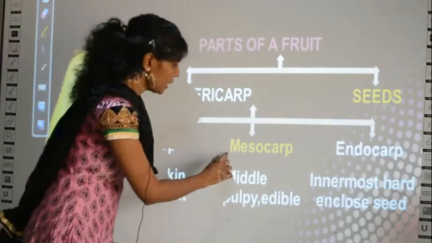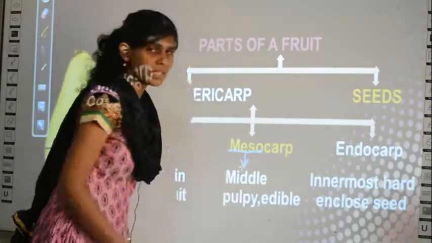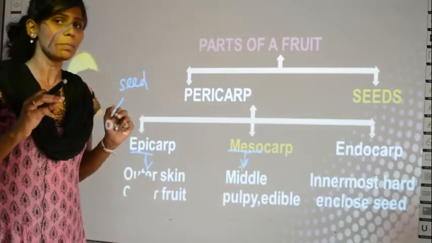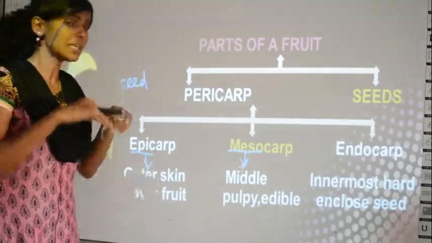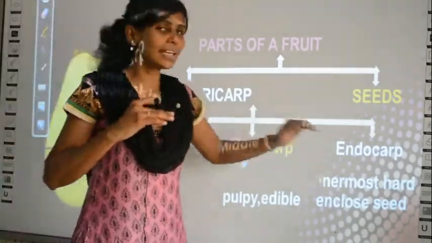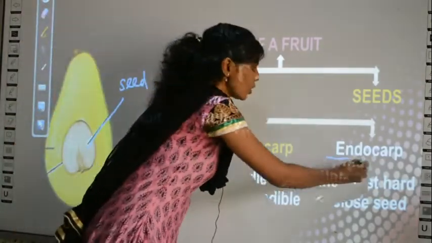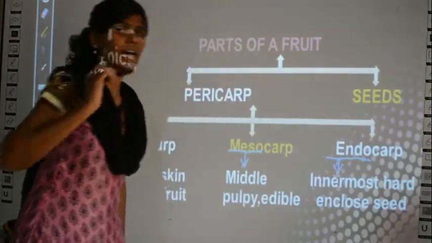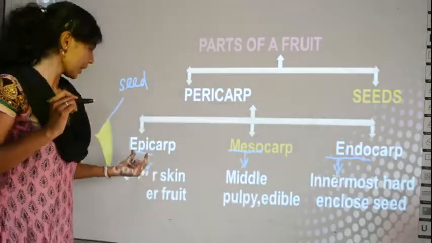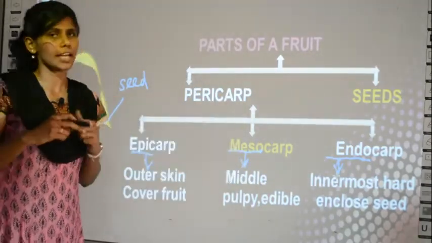And meso means middle. Meso means center or middle. Epi means out, meso means middle or center, and endo means innermost or inside. So epi, meso and endocarp.